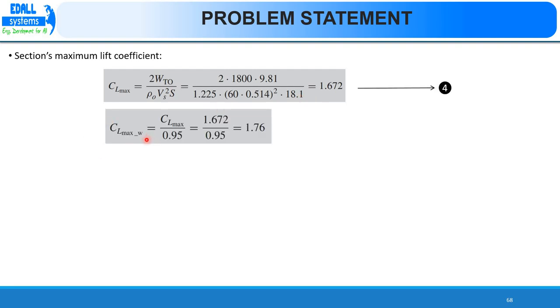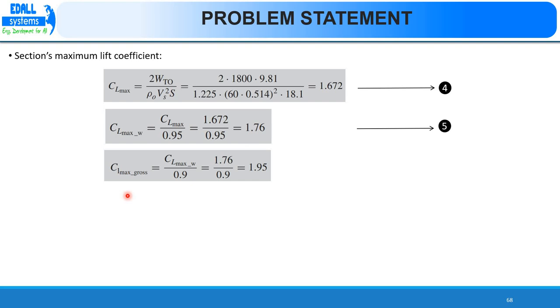Next, we'll calculate wing maximum lift coefficient CLmax W. So it's CLmax divided by 0.95. Substitute the aircraft maximum lift coefficient value here and solve this equation. You will get wing maximum lift coefficient as 1.76.